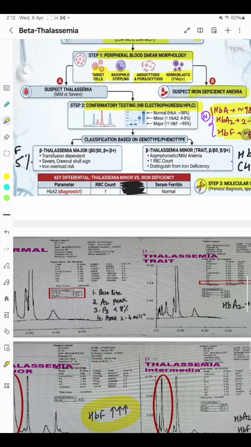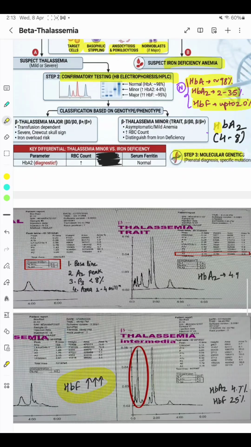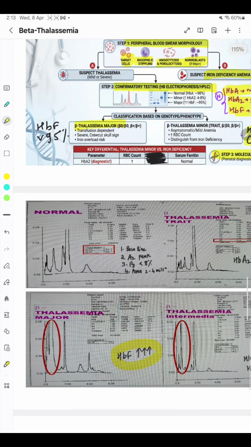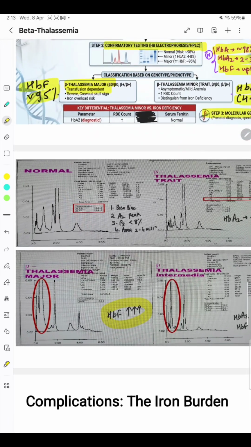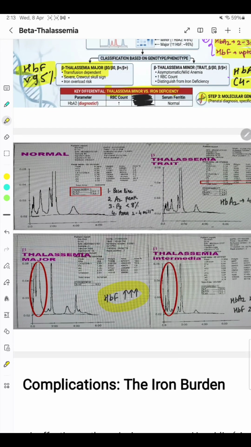But in case of beta thalassemia minor, HbA2 is between 4 to 8%, and in beta thalassemia major, which has more severe clinical symptoms, and this patient is particularly transfusion dependent, HbF is around 95% on the HPLC graph. The difference between thalassemia minor and iron deficiency we will discuss later.